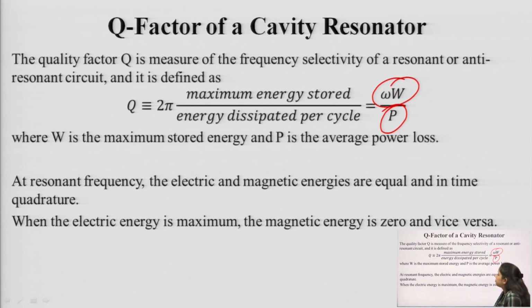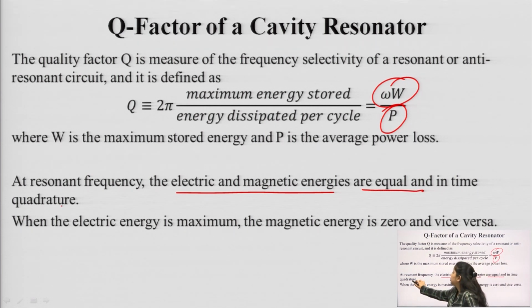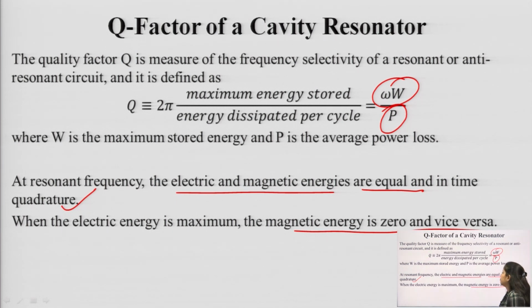At resonant frequency, what is happening? The electric and magnetic field energies are equal, and in time quadrature: the magnitudes will be equal, but the phase will be different. When the electric field is maximum, the magnetic field is 0, and vice versa.